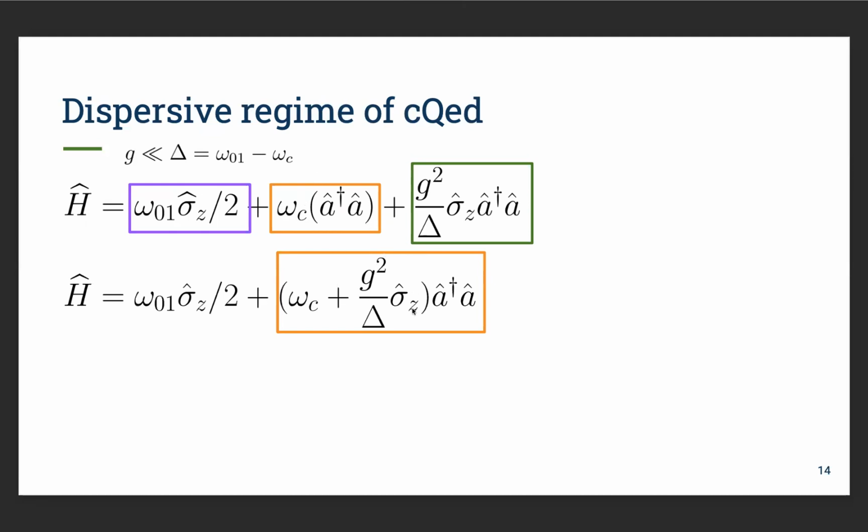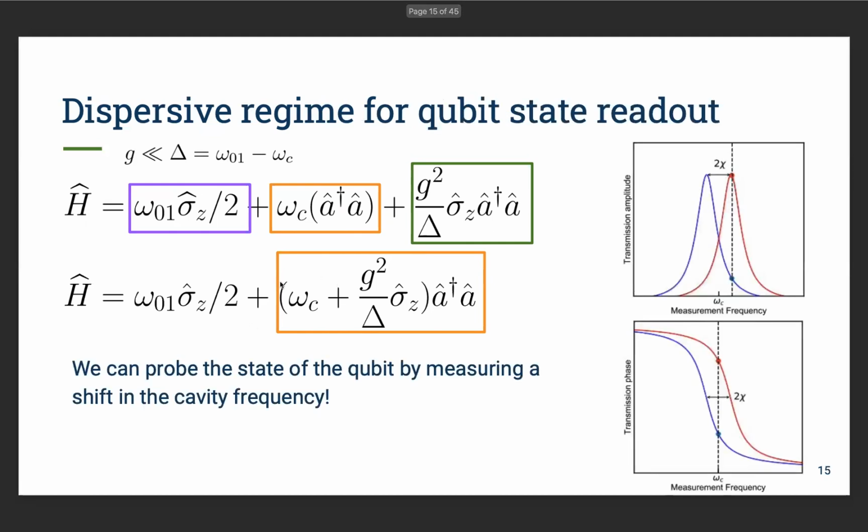And so now effectively the cavity has this new dressed frequency. And we say that it's dressed because sigma z will take a value of +1 if the qubit's in its excited state, or it'll take a value of -1 if it's in its ground state. So by reading out a shift in the frequency of the cavity, we can determine what state the qubit was in.